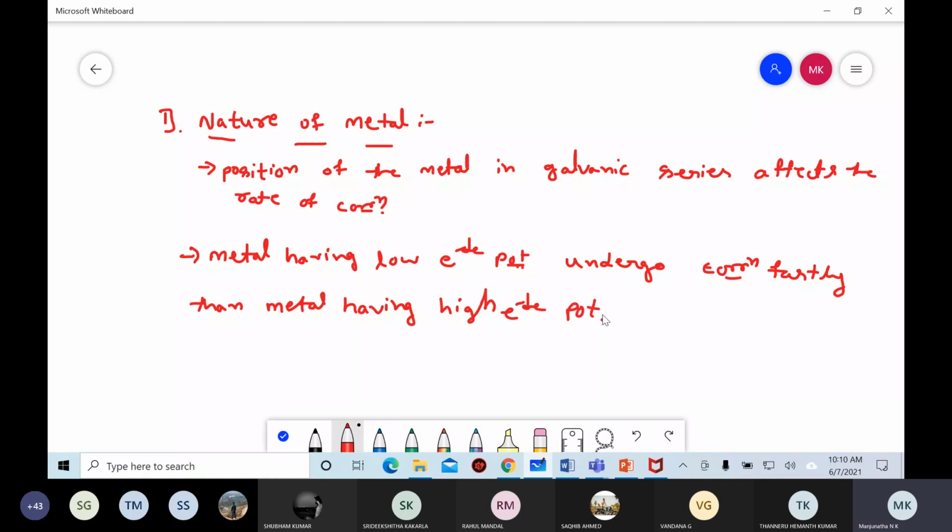This is another one due to nature of the metal. First one is position of the metal in the galvanic series, which decides the rate of corrosion.